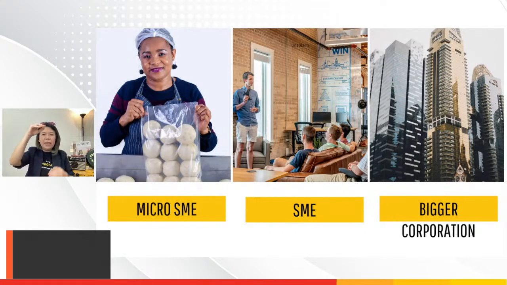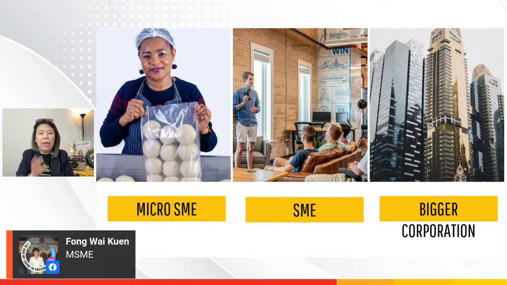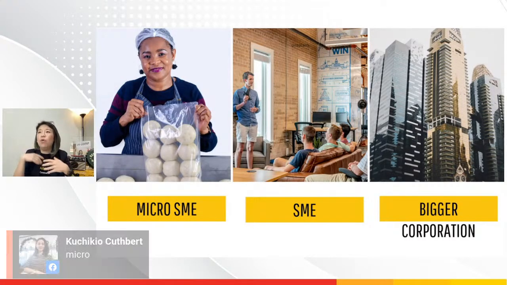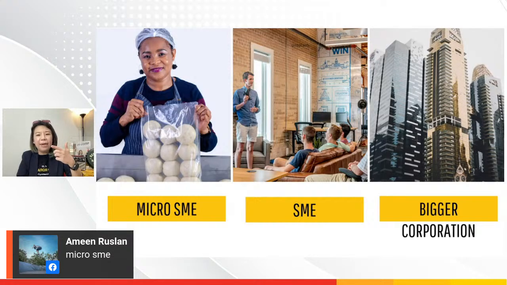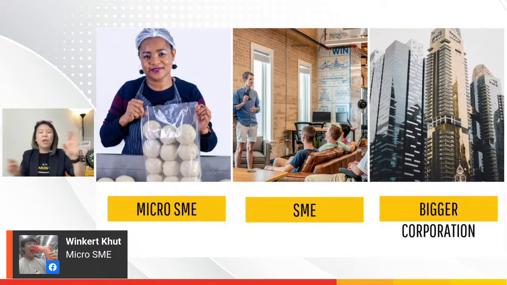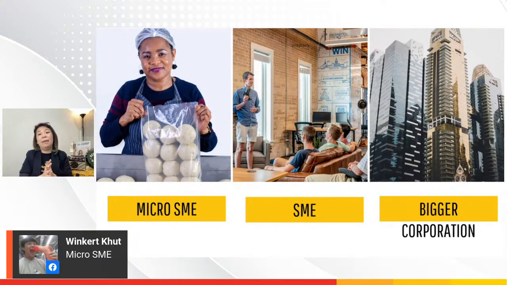When you're SME, the standard guideline on the government side says we measure by fewer than 75 employees, or your transaction is less than 20 million. You are categorized as SME.